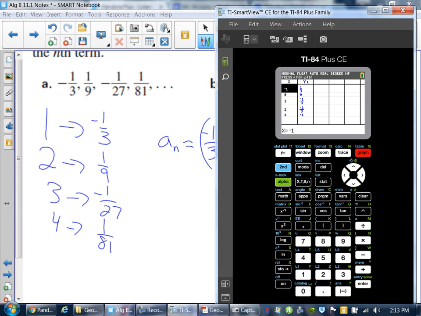Now, one of the things you would notice is that see how the signs are alternating between positives, negatives and positives, negatives? When you're multiplying things together, if you have an even number of things being multiplied, it's always positive. If you have an odd number being multiplied together, it's always negative.